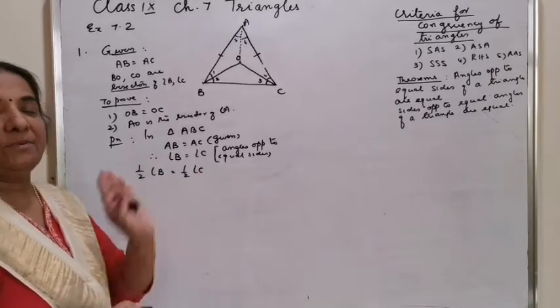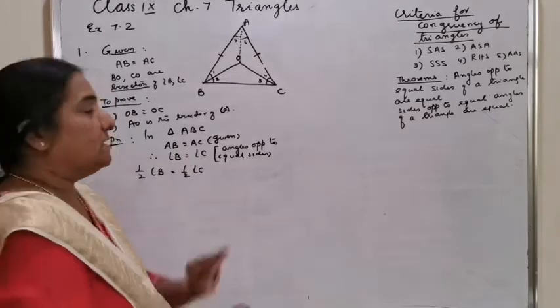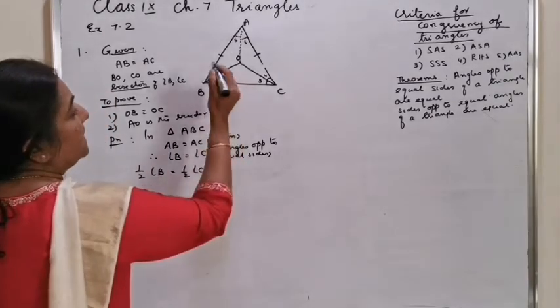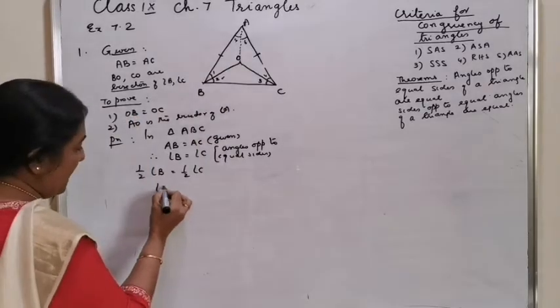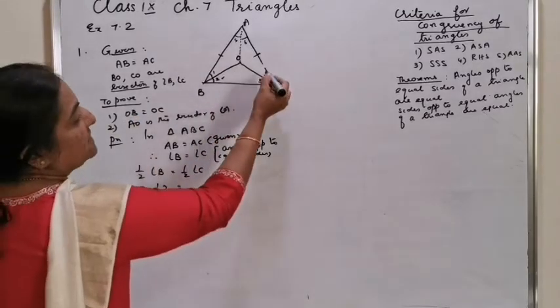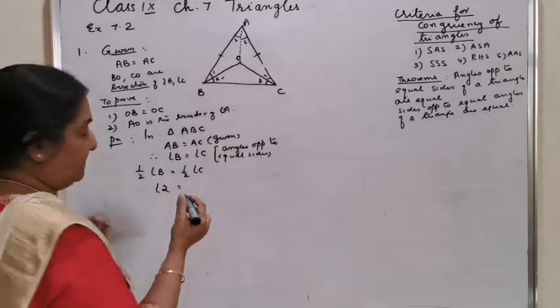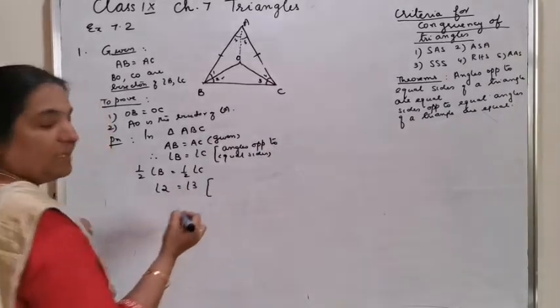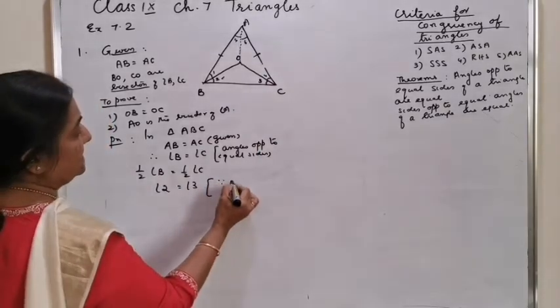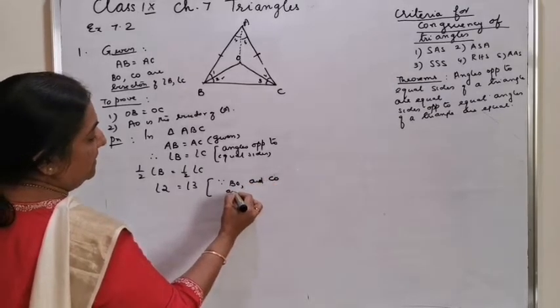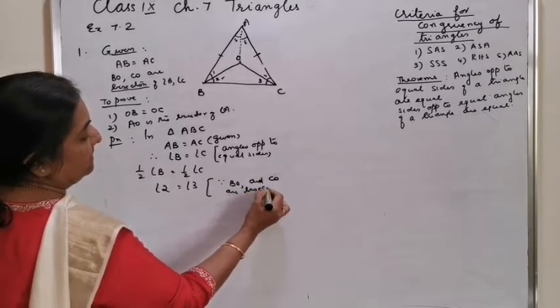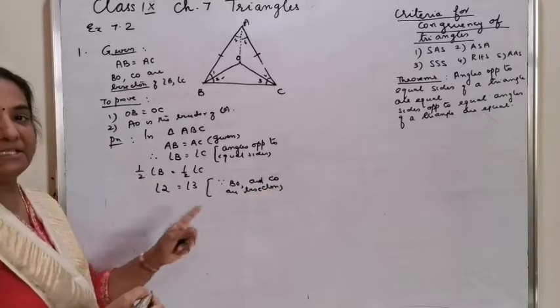You are multiplying with half on both sides. What is half angle B? Either 1 or 2. Let's prefer 2. Angle 2. Half angle C is either 4 or 3. Prefer angle 3. Here you can give the reason, since BO and CO are bisectors. If you give the reason, it's very clear.